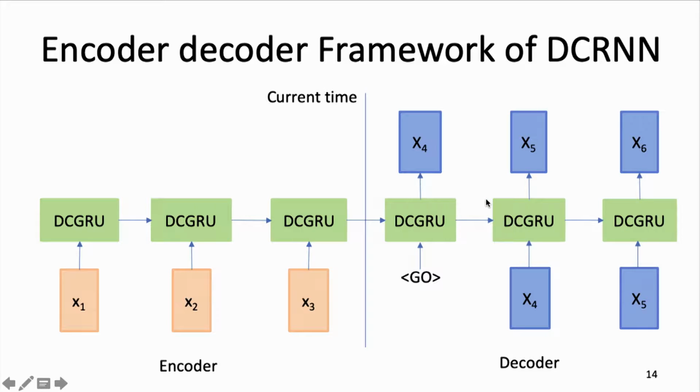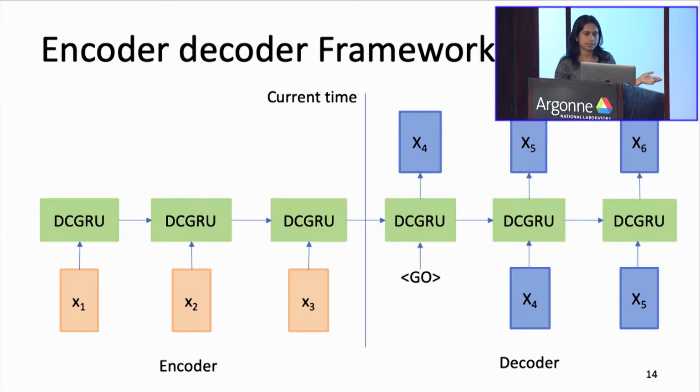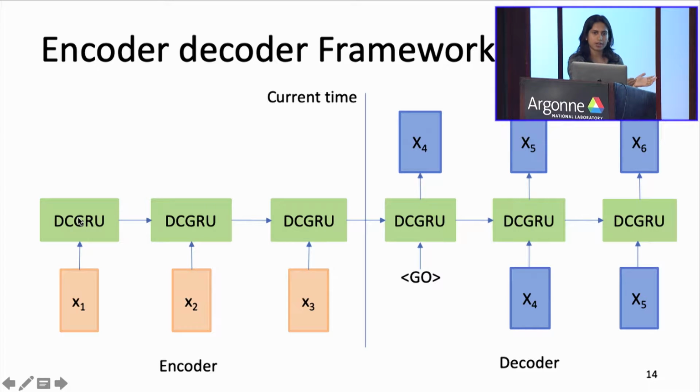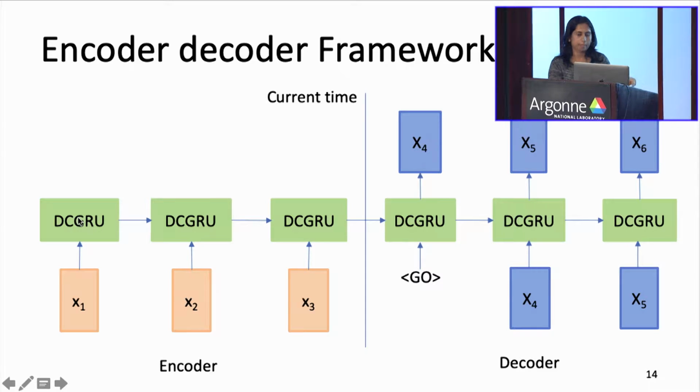Here, instead of using the normal cell in the RNN, we are using the diffusion convolution cell. This is a custom cell which I have shown you earlier to capture the spatial dependencies of the road network.